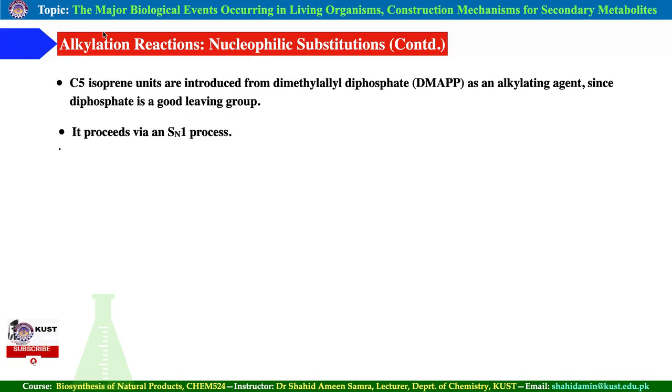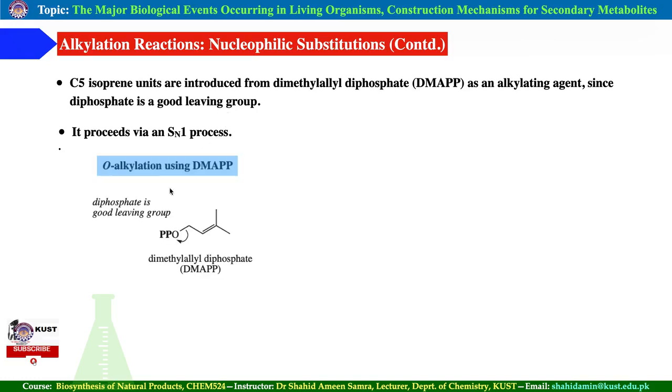The reason this group can act as an alkylating agent is the diphosphate group that this molecule contains. Diphosphate group, like triphosphate, is a very good leaving group. So this reagent can donate its alkyl part. One difference from the previous reactions is that those reactions were happening through SN2 mechanism. This will happen by SN1 mechanism, that is a two-step process.